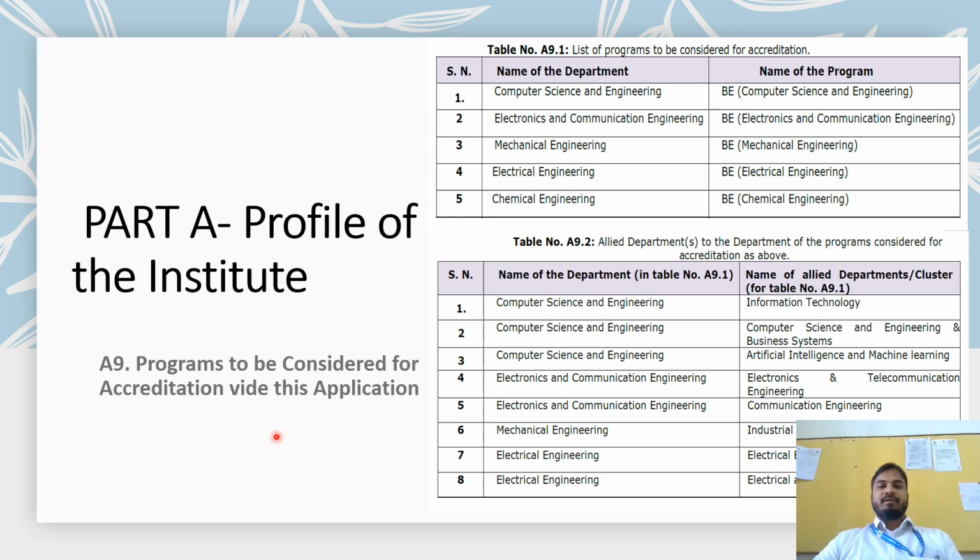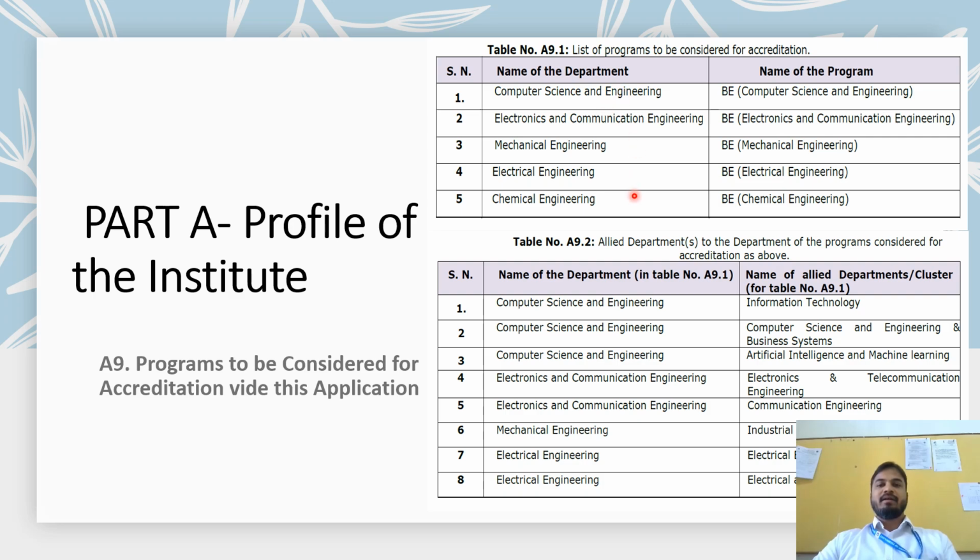Here we have an added part with respect to allied branches, like the program to be considered for accreditation via this application. Under table A 9.1, you will be writing the name of the department and name of the program. Program is Bachelor of Engineering and department is whatever name you have given to the department.